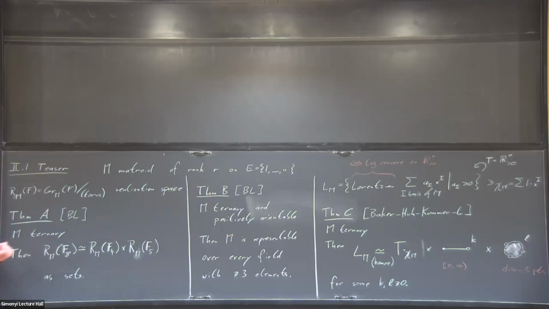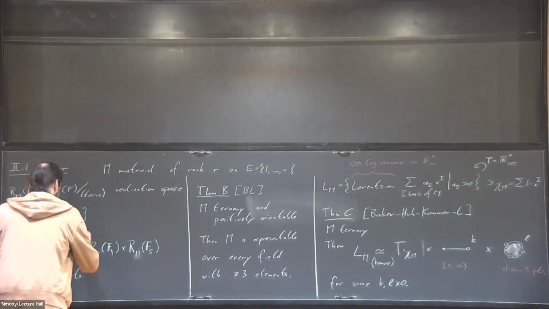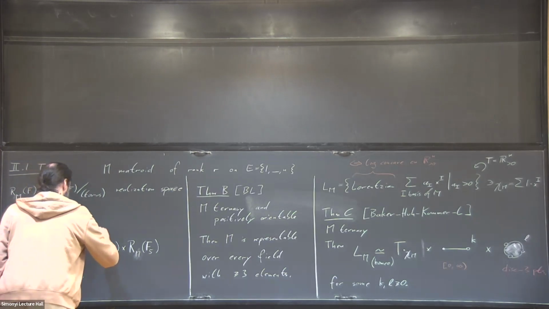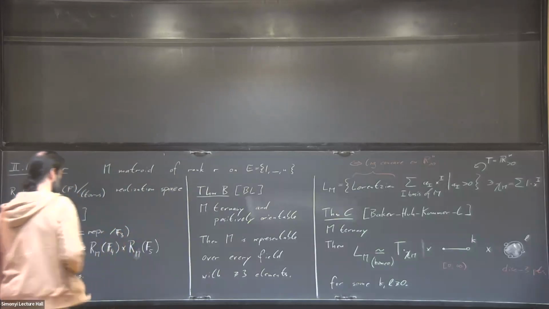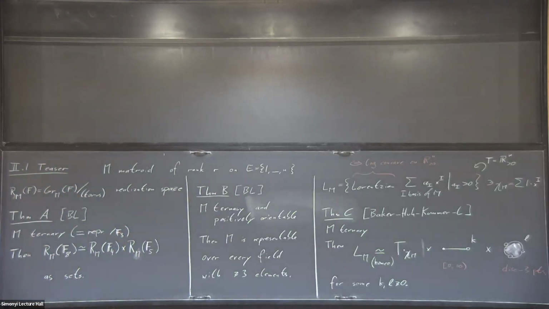And ternary means representable over F3. Maybe I should write this here.